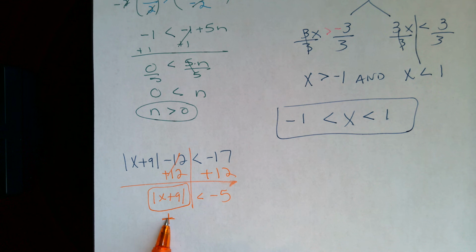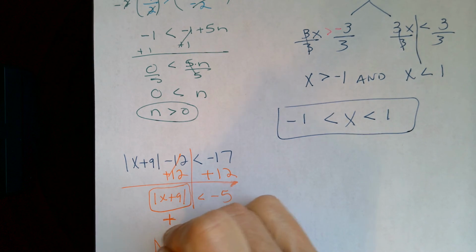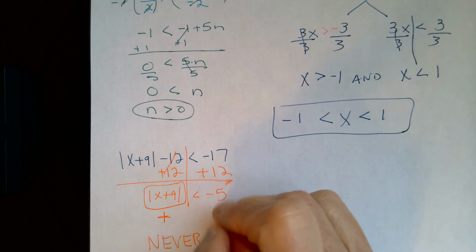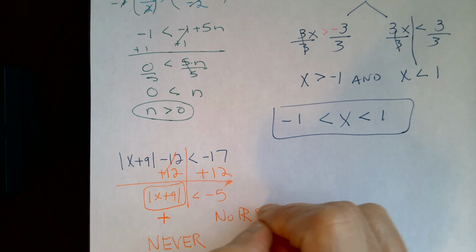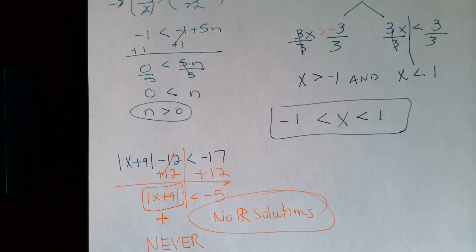When is a positive number less than a negative? Never. No real solutions. Right? A positive number will never be less than a negative. So that's done. I don't even have to break that one down.